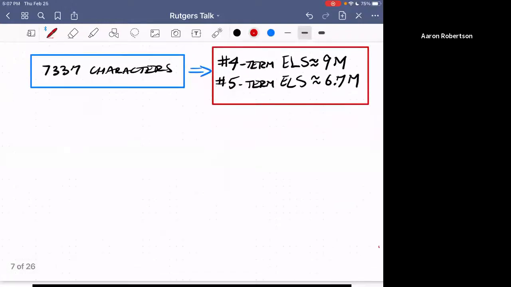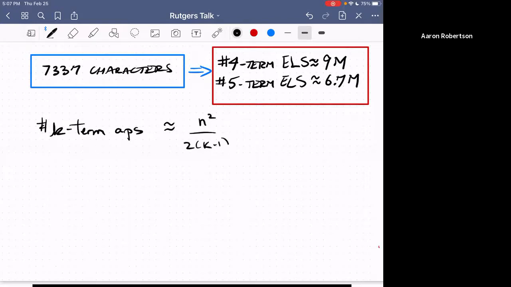Well, it's not difficult to show that the number of k-term arithmetic progressions is something like this, and you can be more accurate.